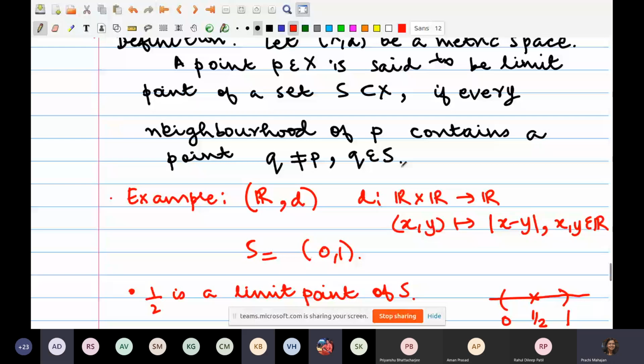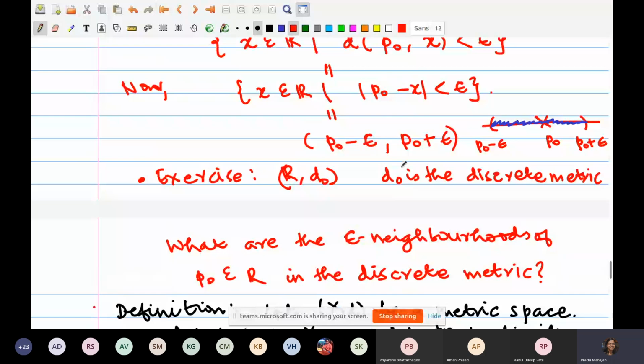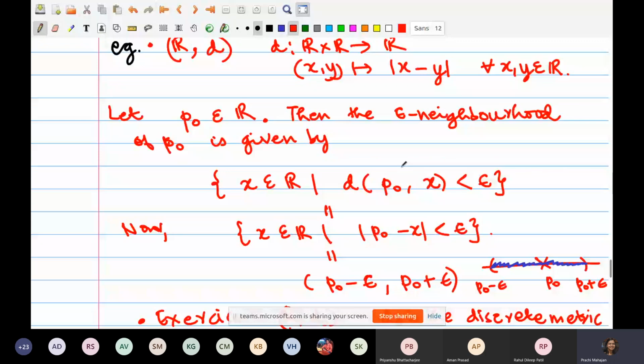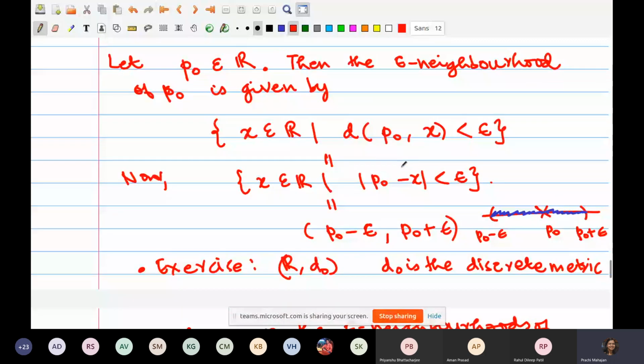Now let's go back to the previous example, where we worked out, for the Euclidean metric, what the neighborhoods of a point are. The epsilon neighborhoods are given as open intervals around that point, of the form (P0 minus epsilon, P0 plus epsilon). Over here in this example, the point P0 is half.